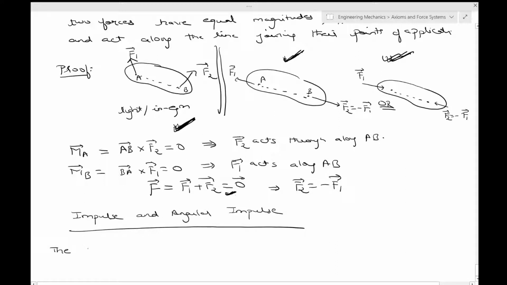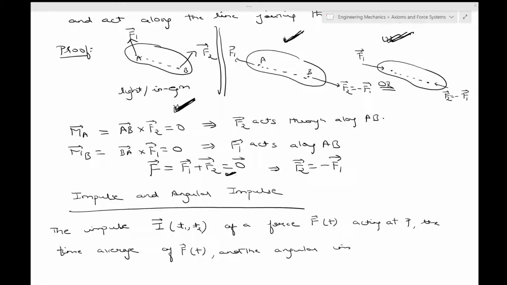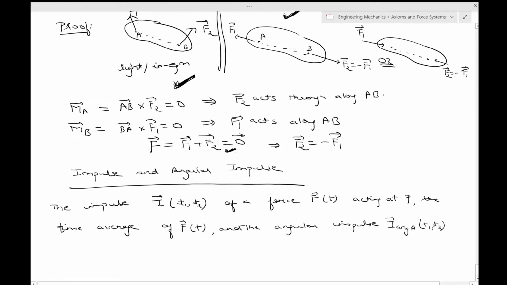So the impulse I, which is a vector, t1, t2, of a force F(t) acting at P, is the time average of F of t, and the angular impulse I angular about point A, t1 comma t2, of F.